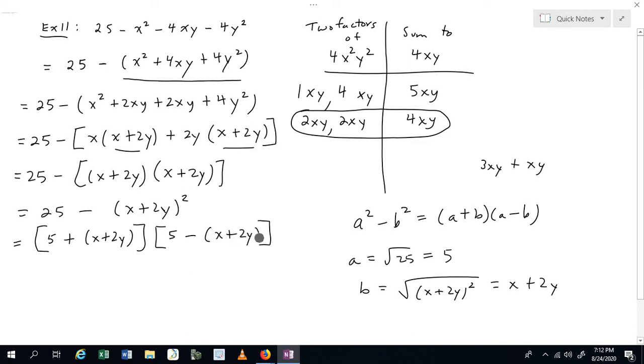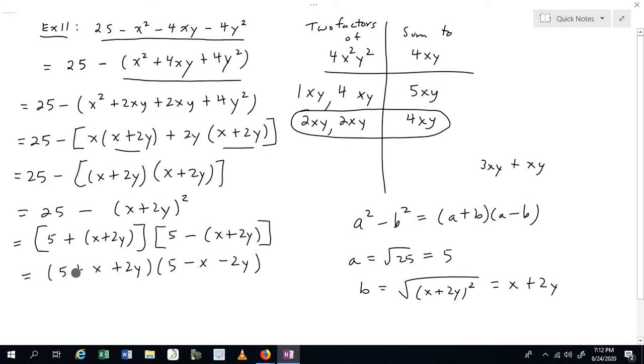You may want to consider distributing this minus sign. So we can do that. Okay? So this would become minus x and then minus 2y. Okay? And so that's how this factors. And if you want to check your answer, you could go through and multiply this out and make sure that it equals this.